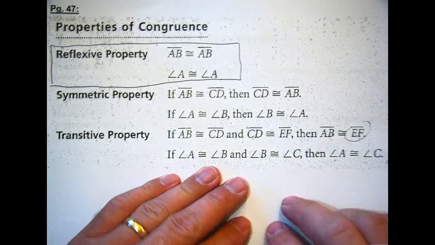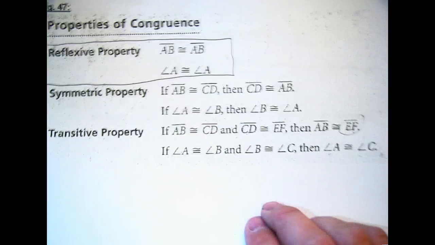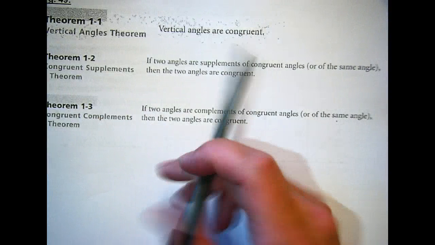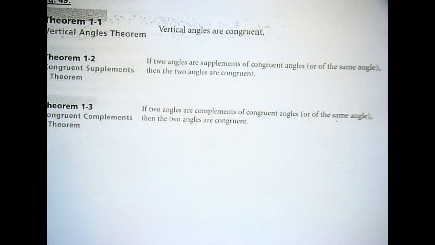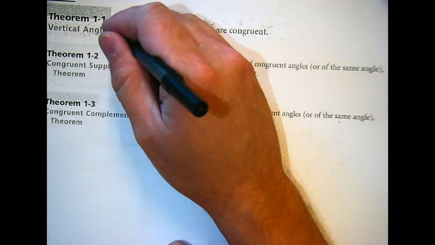Okay, now that I've introduced those and just kind of pointed them out, and they're there, we won't use them for quite some time. The ones we're going to use today a lot, vertical angles are congruent. That's the vertical angles theorem. If you define vertical angles, then you don't have to copy down this theorem. And please note something about theorems.